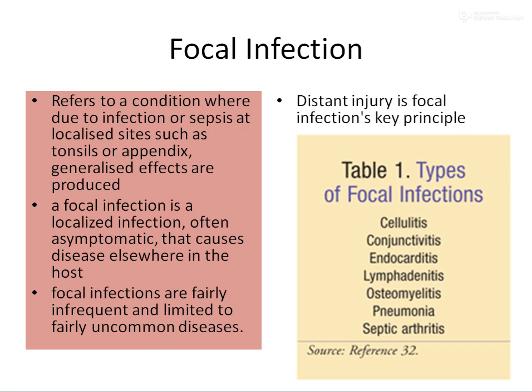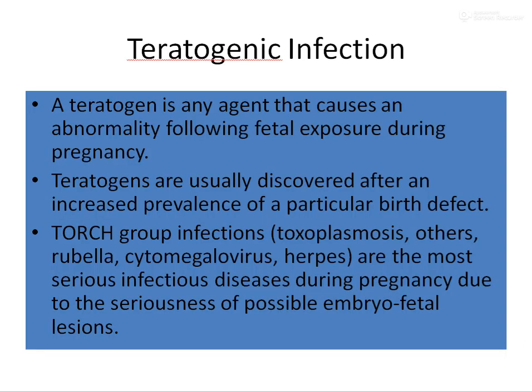Focal infections are fairly infrequent. That is, they do not commonly occur, and they are limited to fairly uncommon diseases. Examples of focal infections include cellulitis, conjunctivitis, endocarditis, lymphadenitis, and osteomyelitis.